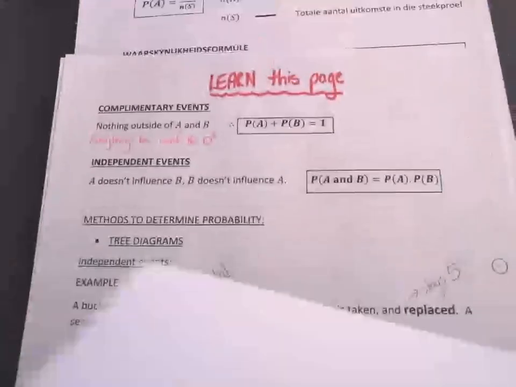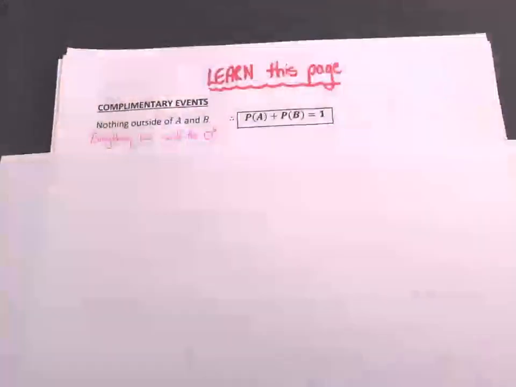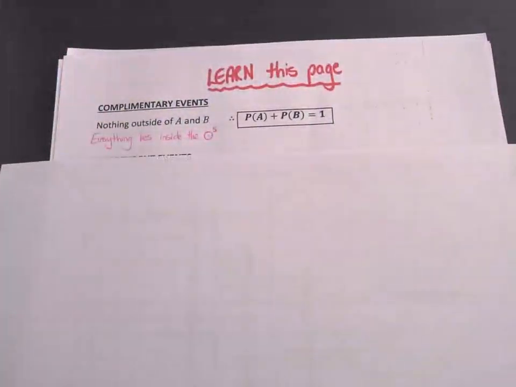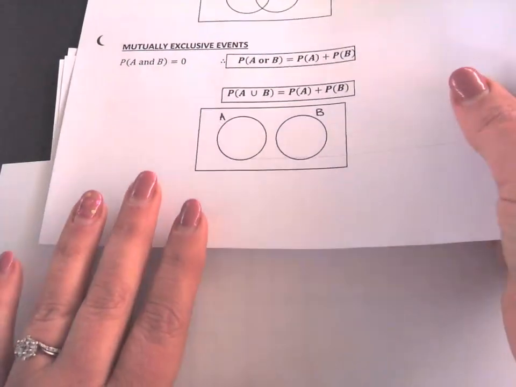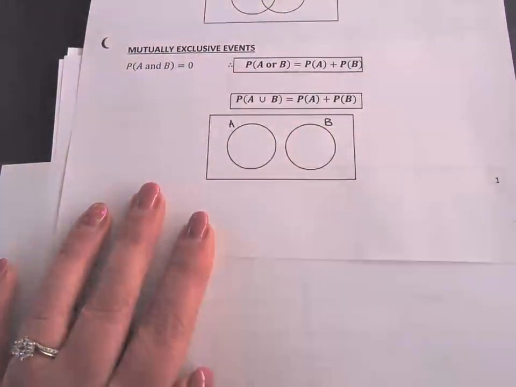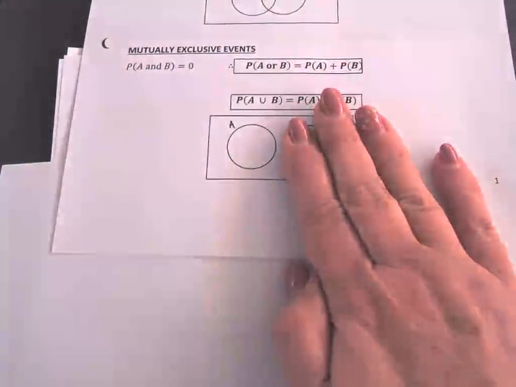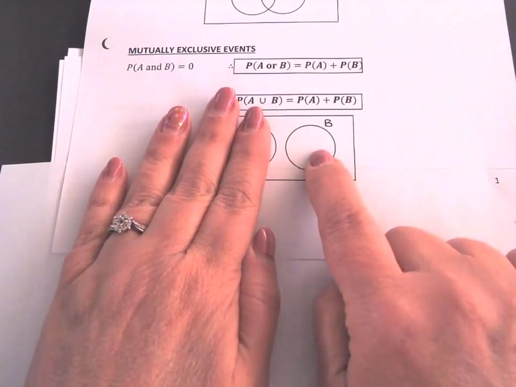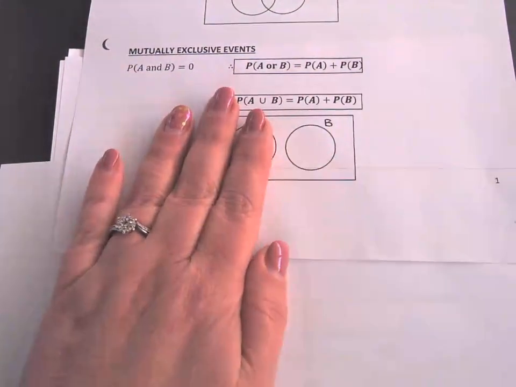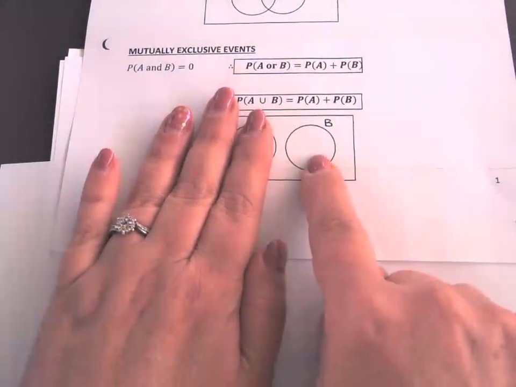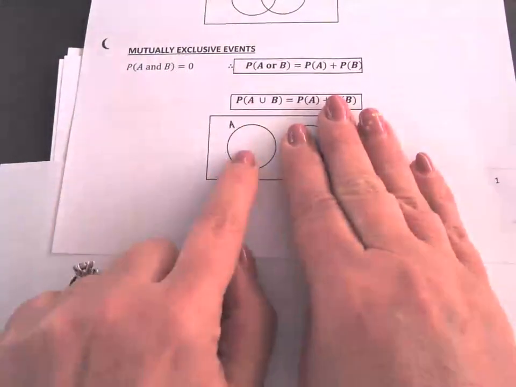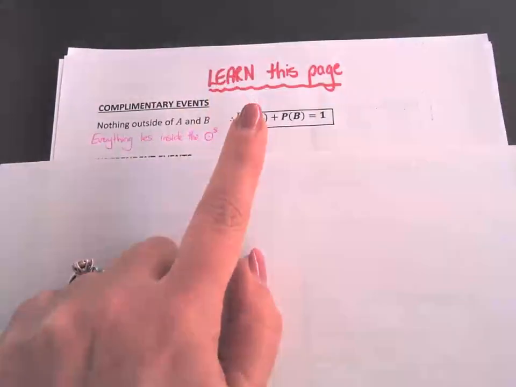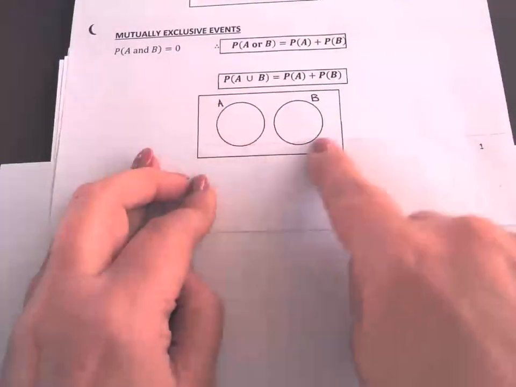Then we get to complementary events. That means that if you have two events like this, and I want to know what is the complement of A, then all the other elements will be in B. Or if I ask you what is the complement of B, all the other elements are in A. So nothing is around the circles.